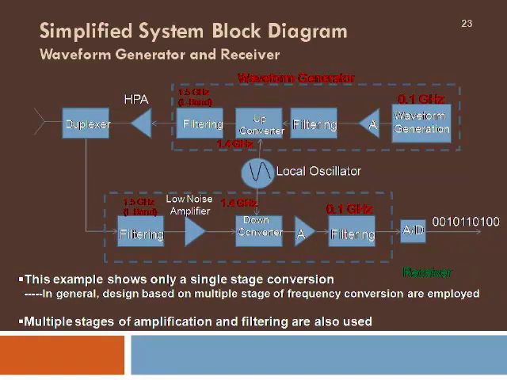The received signal is directed to the receiver by the duplexer, and the first stage is going to be a filter to remove the unwanted noise. Then normally we are going to use a low noise amplifier, because the signal is highly corrupted with noise. We don't want the amplifier to add any more noise to it.